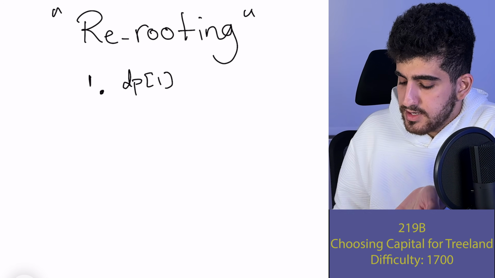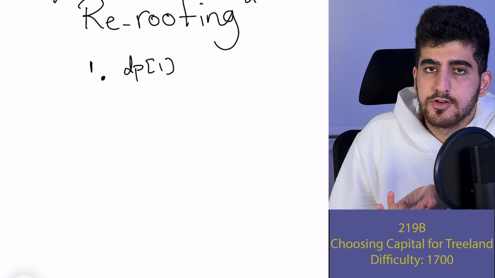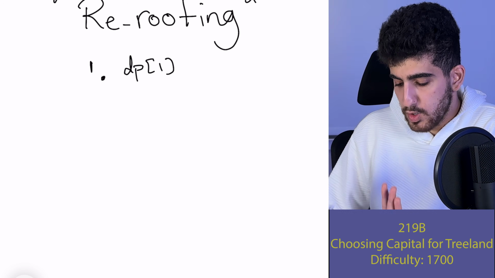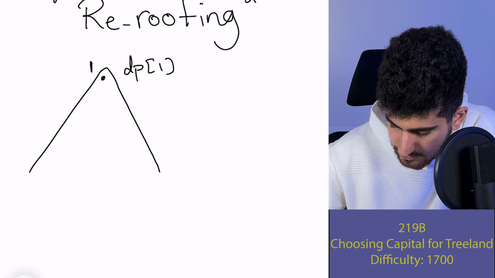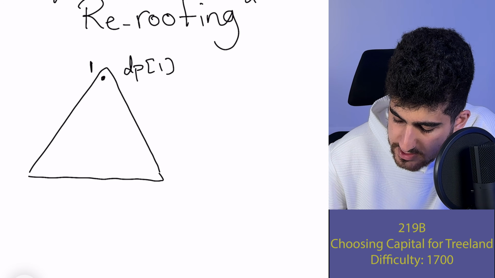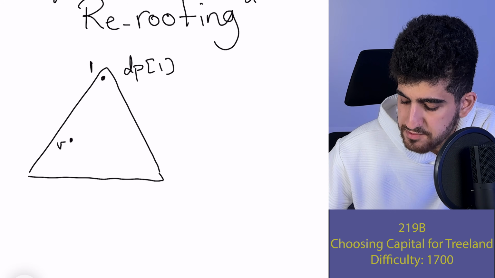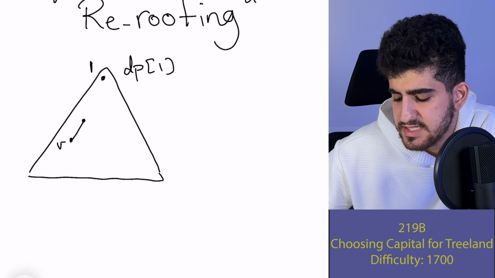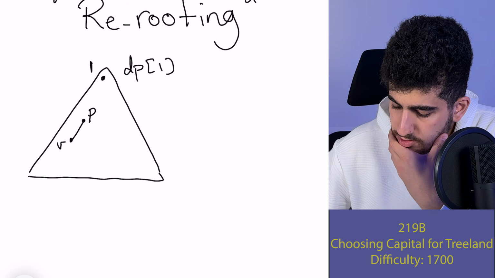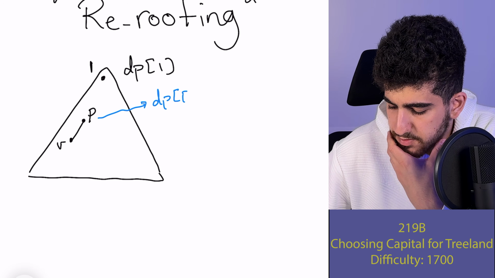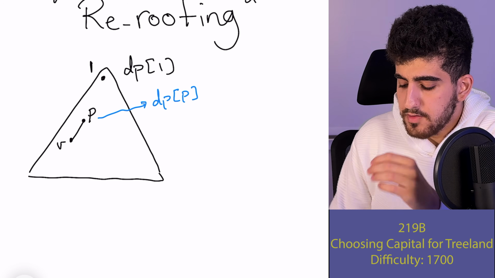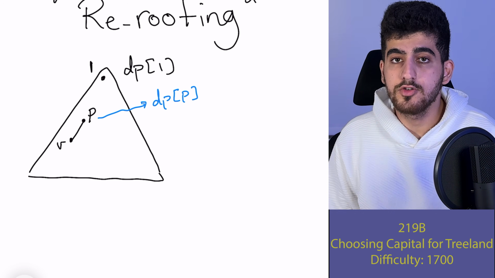So after we calculated it for vertex 1 with one DFS, we will start a second DFS from our root. And whenever we reach a vertex v, before v we were at the parent of vertex v. Let's name that vertex p. We assume that we already know dp of p, the answer for vertex p. Now we want to calculate dp of v using dp of p.